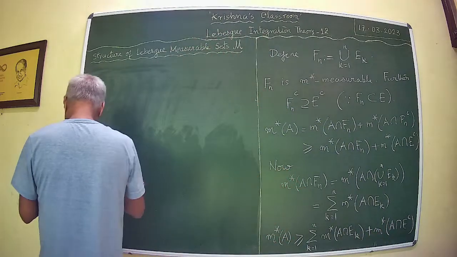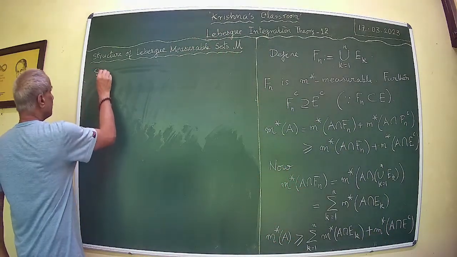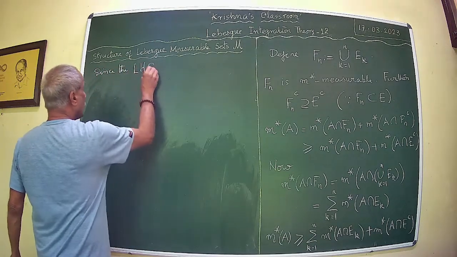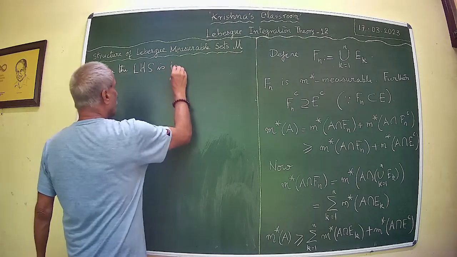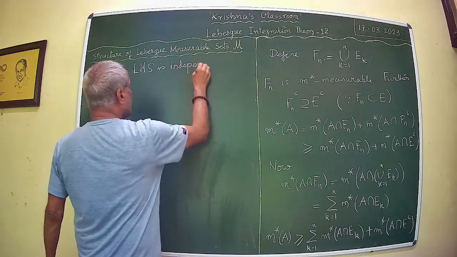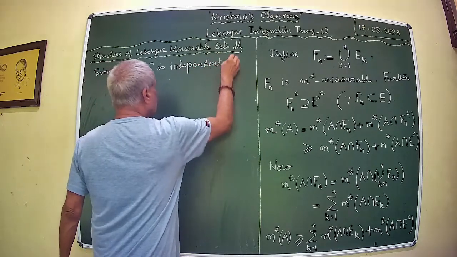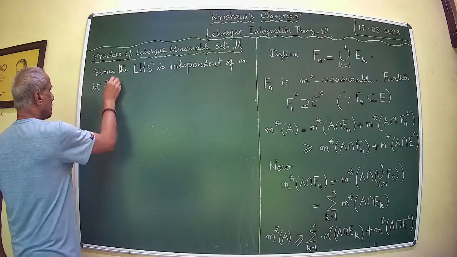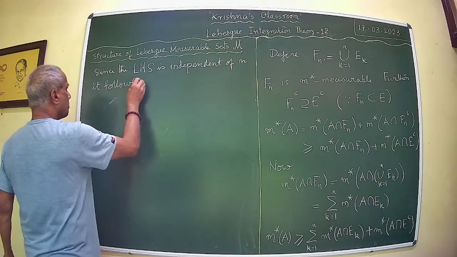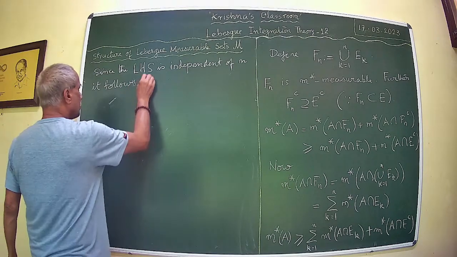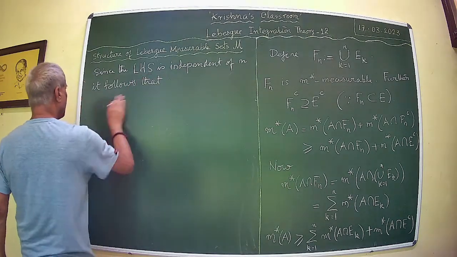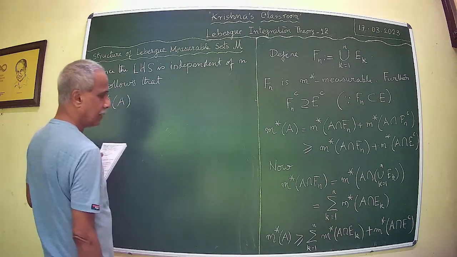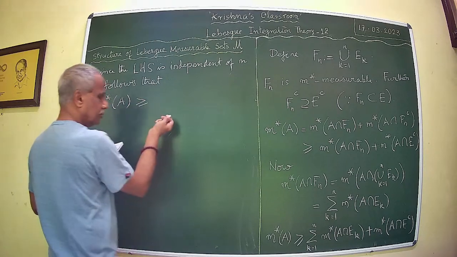Since the left hand side is independent of n, it follows that m star of A is greater than or equal to the infinite sum.